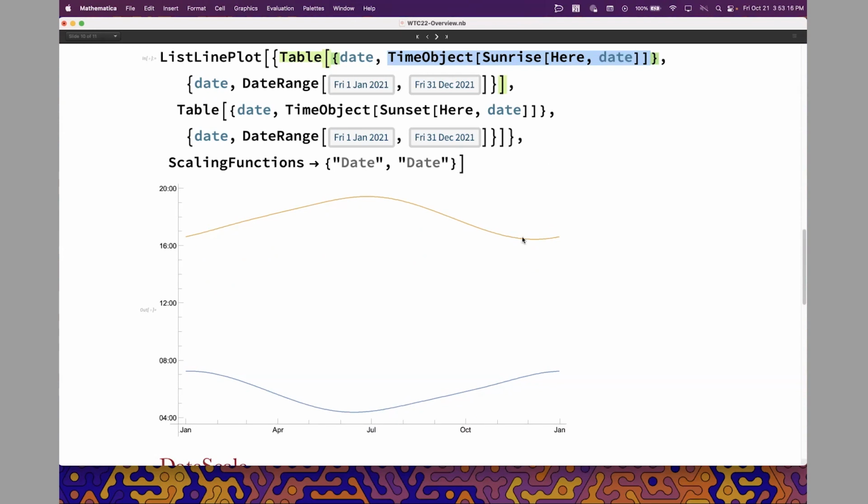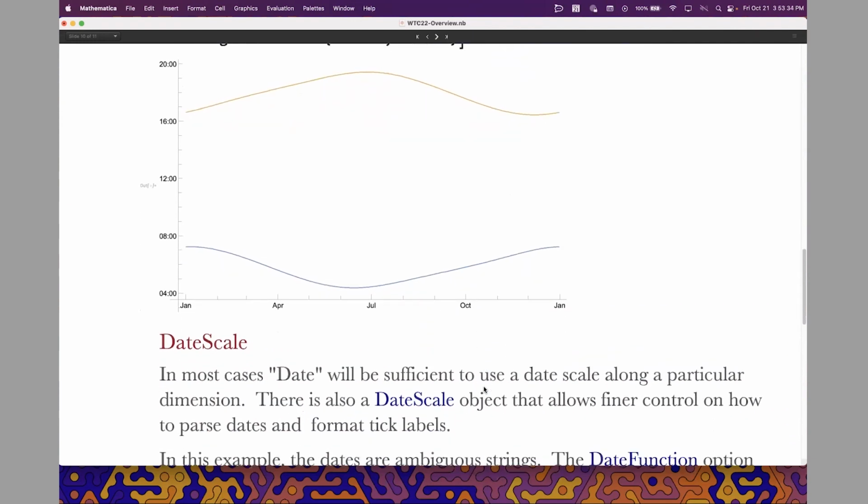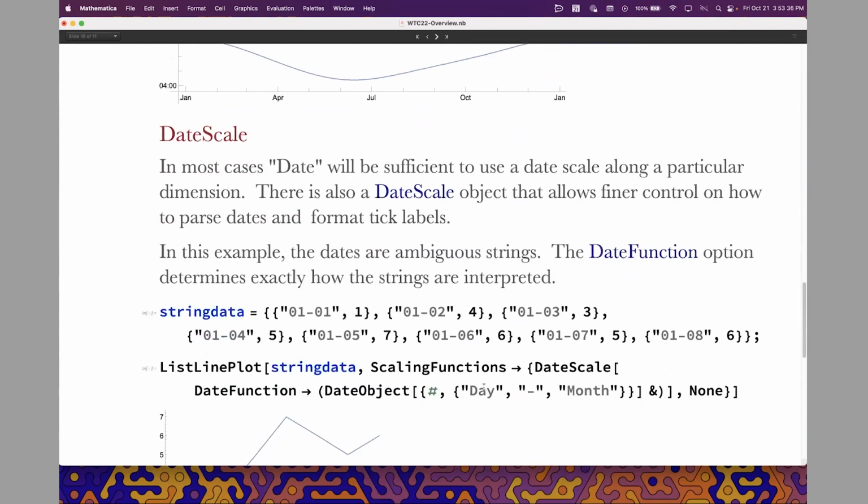So unfortunately, we're in October now, and so we're in the narrowing part of daylight, and we get less of it each day. But by the end of the year, sunset at least will start getting later. And so that's good. And so in most cases, scaling functions goes to date should be sufficient.